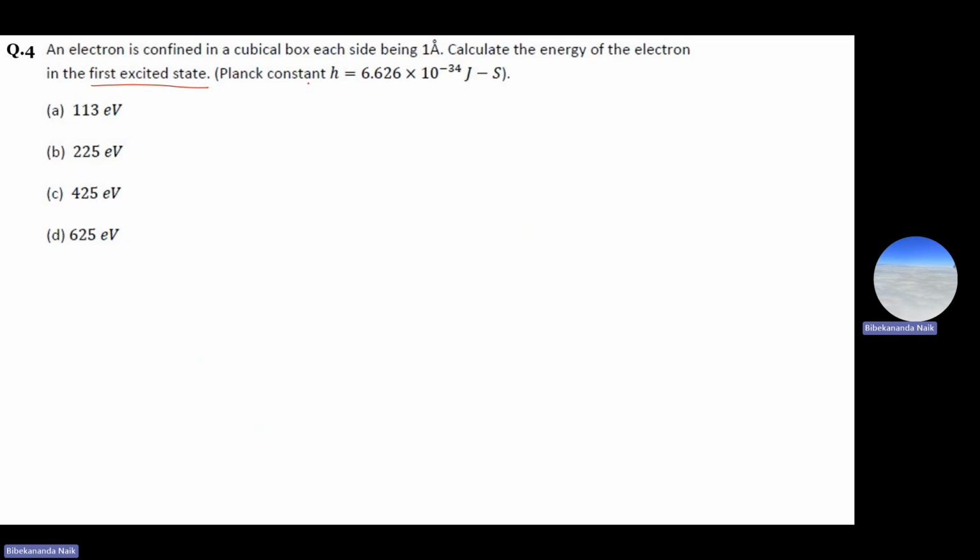And the Planck's constant is given with the unit joule second, so the energy you calculate will be in joule. Since the options are given in electron volt, after calculating the value we need to convert the energy into electron volt, and you know the conversion factors. I'll give you a few minutes to try this question. Then after some time we will discuss it.